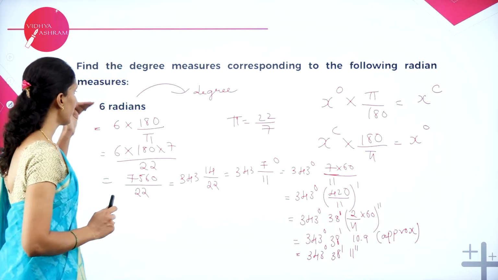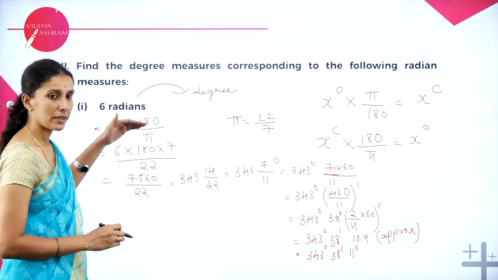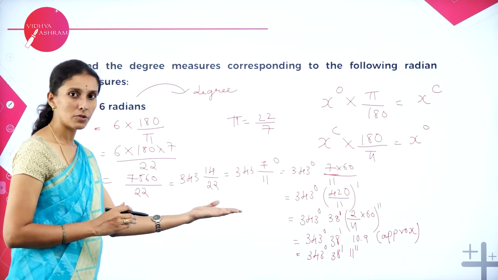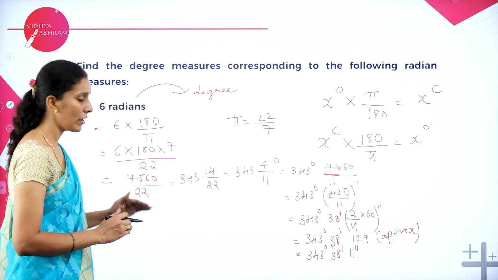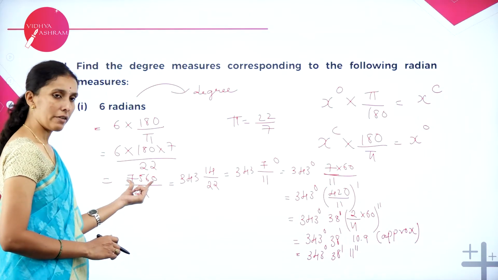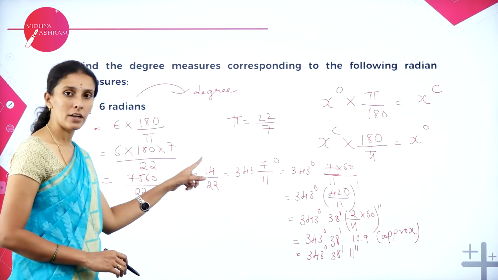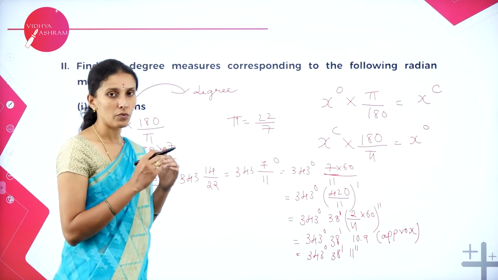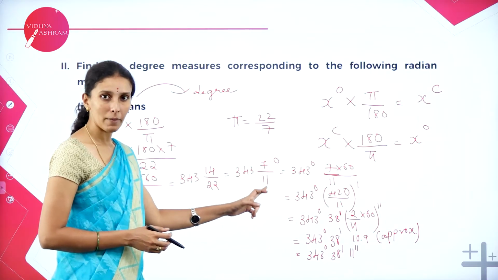So you can see here we have 6 radians. When you are converting radians into degree, you are multiplying by 180 by pi. You should substitute the value of pi. So therefore it is 6 into 180 by pi. The pi value is 22 by 7. When you write this in the denominator, it is 7 by 22. When you divide 7560 by 22, you will get a mixed fraction, that is 343 and 14 by 22 degree. But 14 by 22 is a fraction which we can convert into minutes. So when you divide, you will get 343 and 7 by 11 degree.